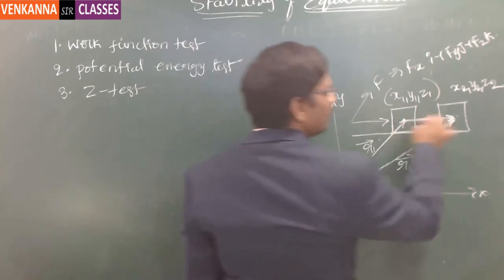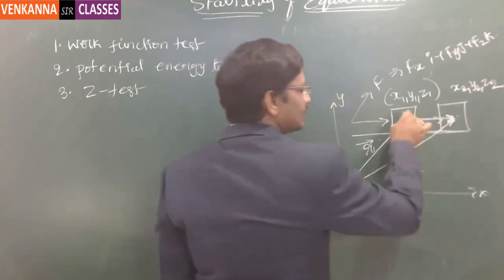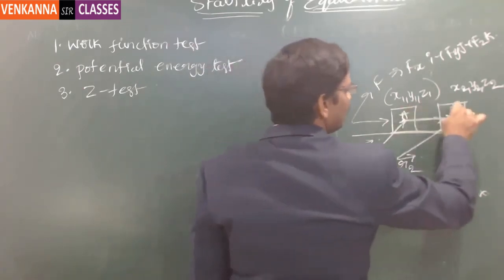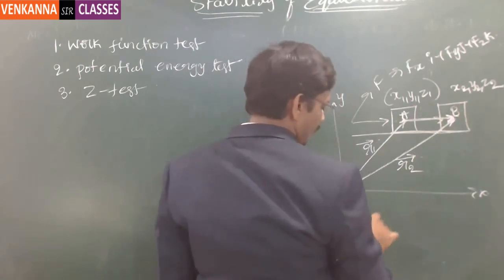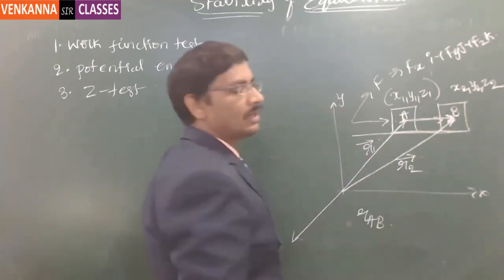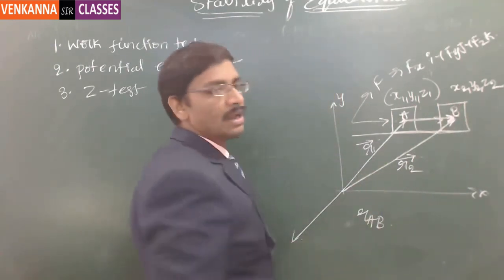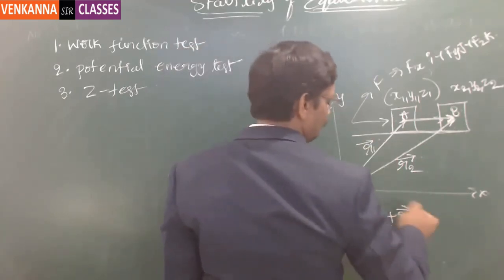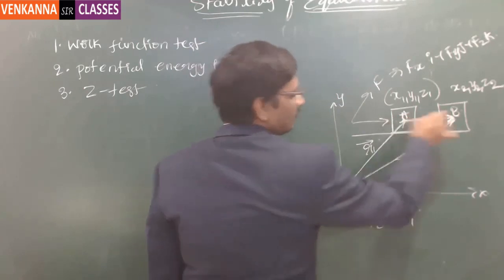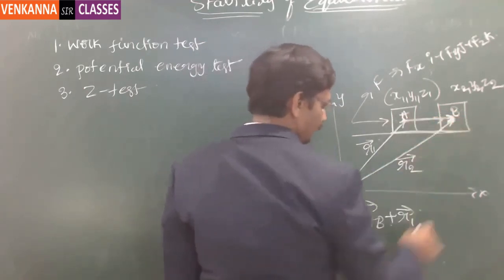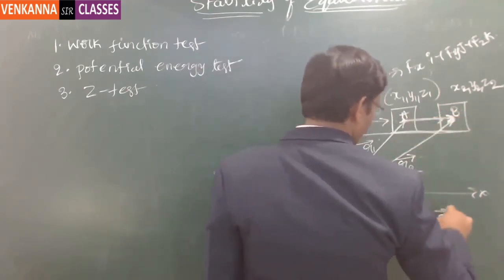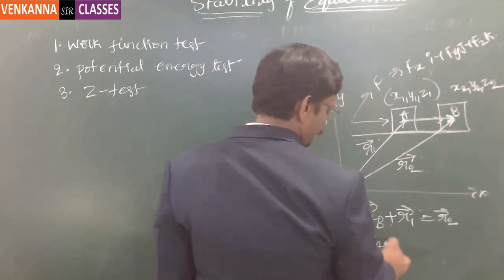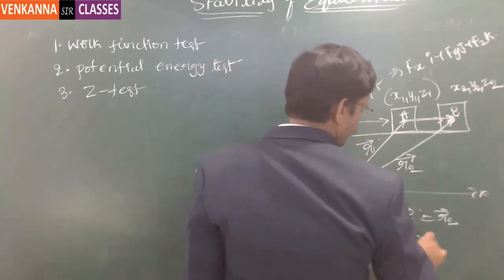If it is moved from point A to point B, then RAB you can calculate by applying the triangular law of vector addition. That is R1 plus RAB, so the sum of this vector and this vector should be equal to this vector. So RAB is equal to R2 minus R1.